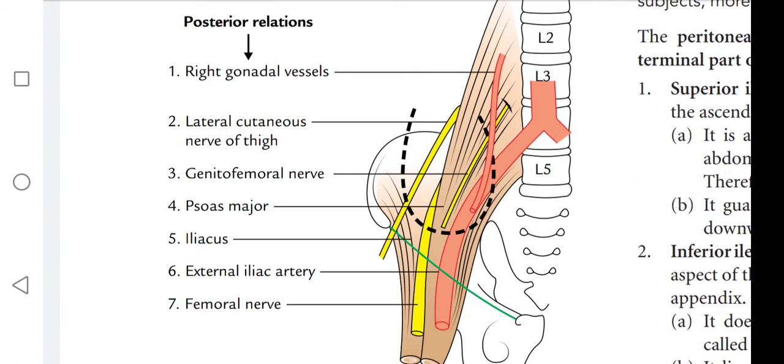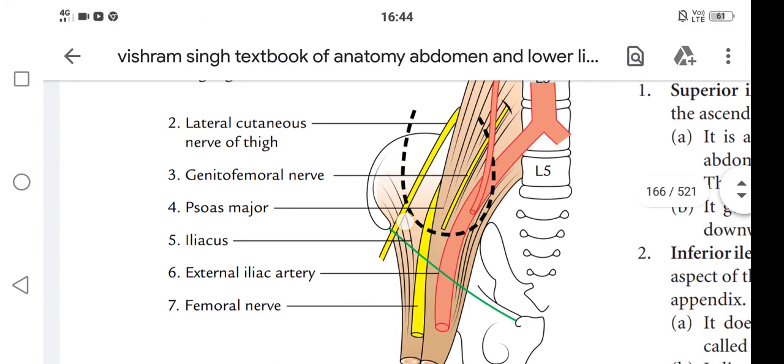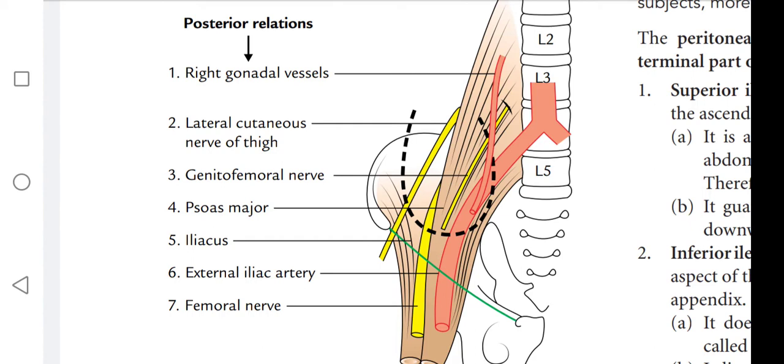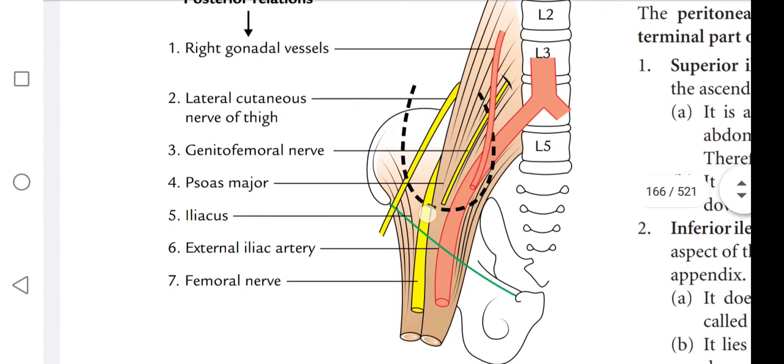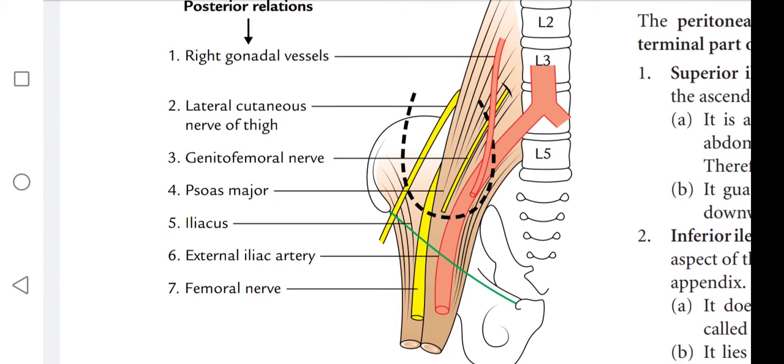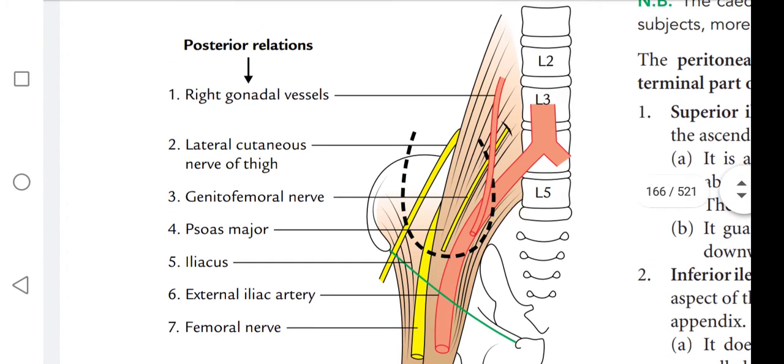And in between the psoas major and the iliacus muscle, a nerve is coming. This nerve is the femoral nerve.